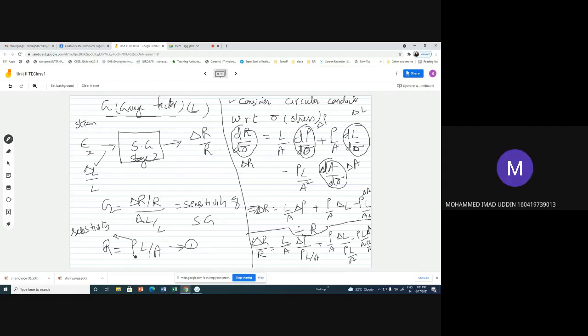All three are variables, rho, L and A, but you consider rho L as one variable and then consider them as separate.